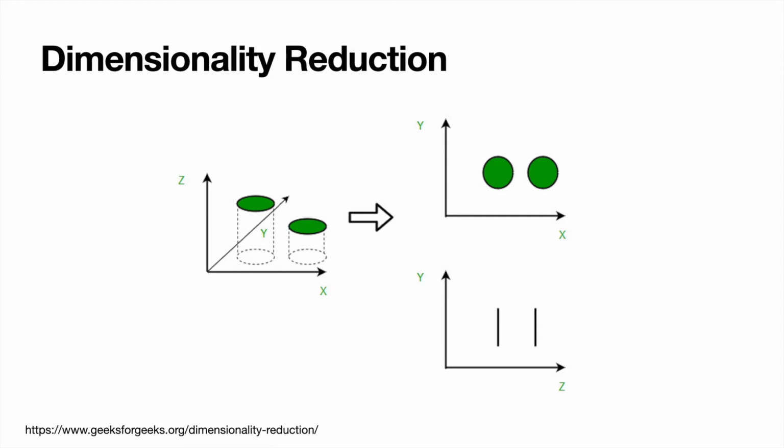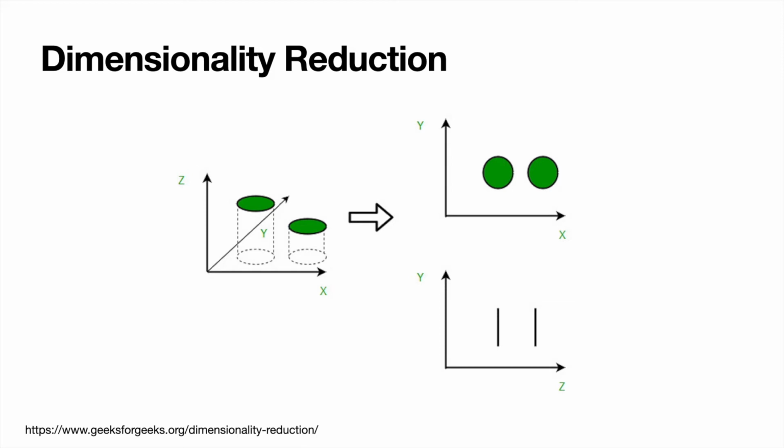Dimensionality reduction is transforming high dimensional data to low dimensions. In this picture, we can see that if we have a circle in 3-dimensional space, to do the reduction, we can map it to the planes. We can choose to map it to the XOY plane, so it becomes a circle in 2 dimensions. And to the YOZ plane, it becomes a line segment.